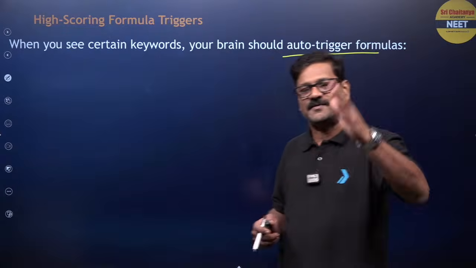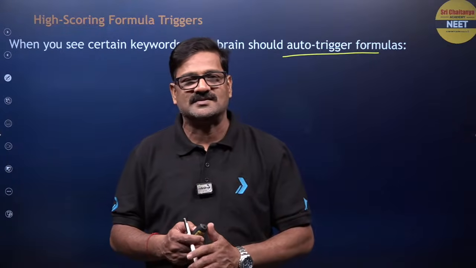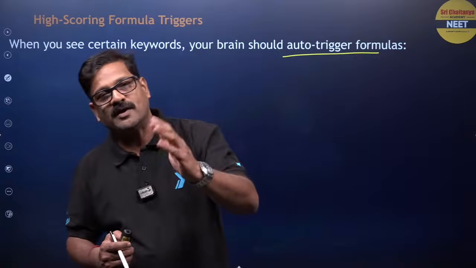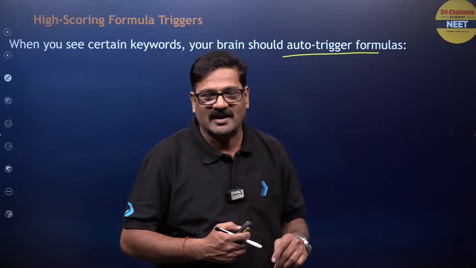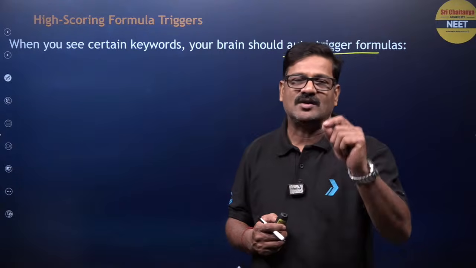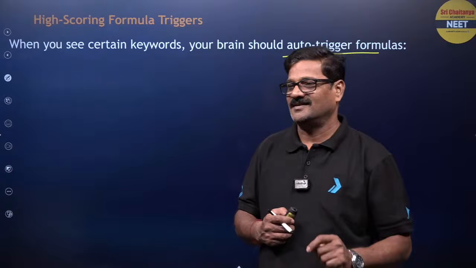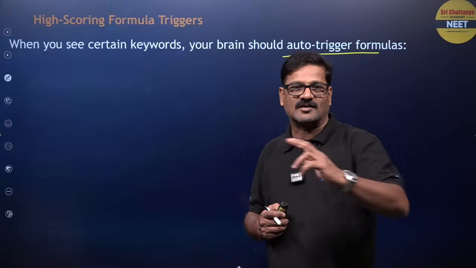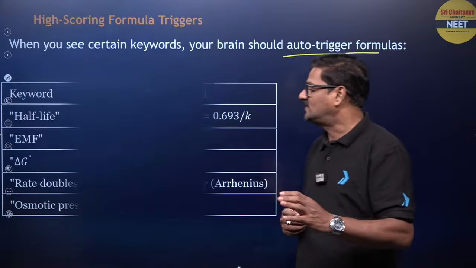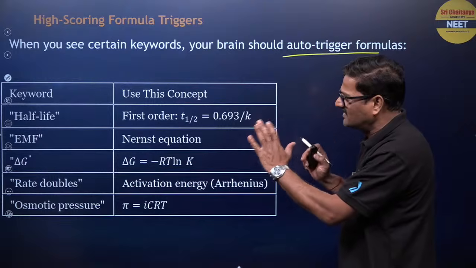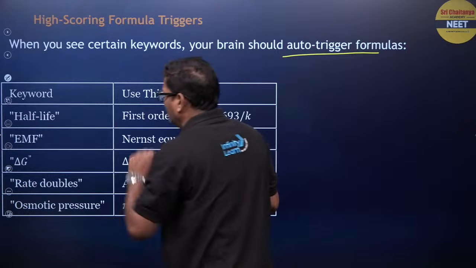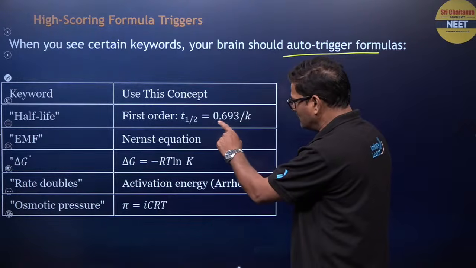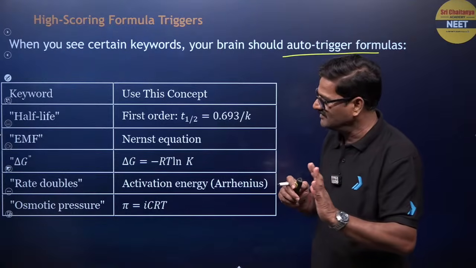If somebody asks about first order reactions, you can say k = 2.303/t log a0/(a−x). So you have to auto trigger those formulas and all the graphs based on that. This is the keyword when it comes to half-life: first order t half = 0.693/k.